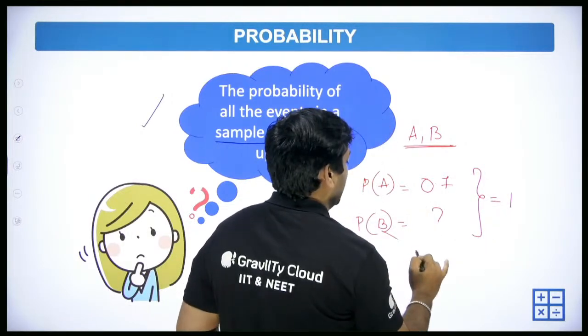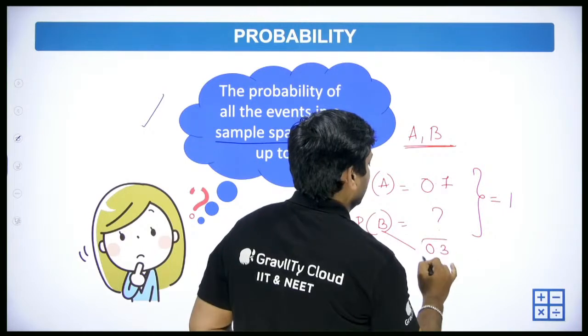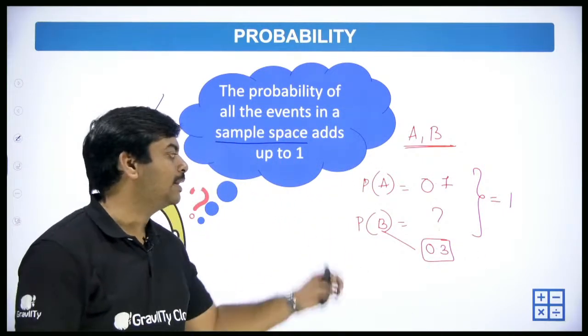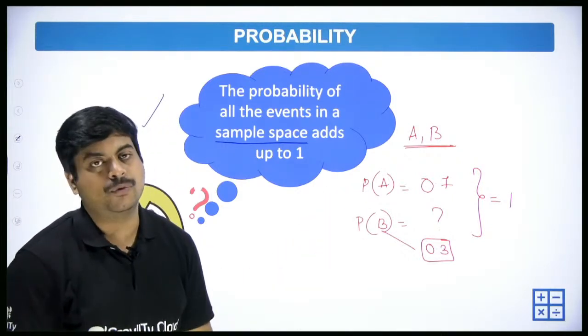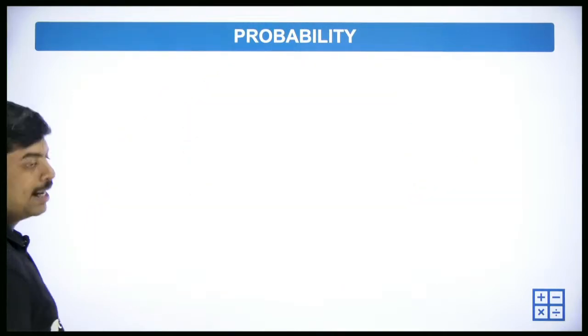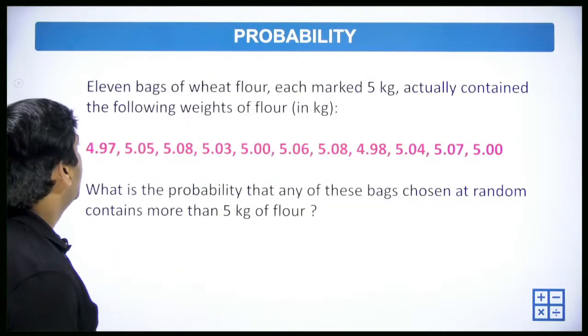So definitely the probability of B will be 0.3. 0.7 plus 0.3 gives you 1. So that answer is yes, that's exactly correct.